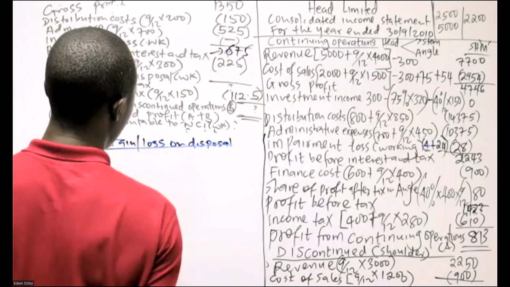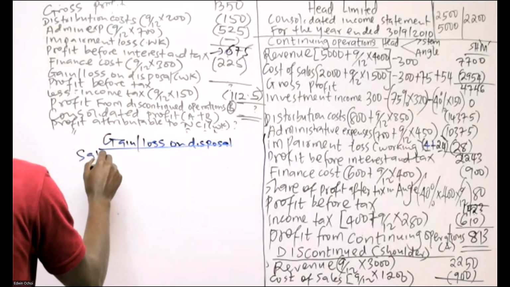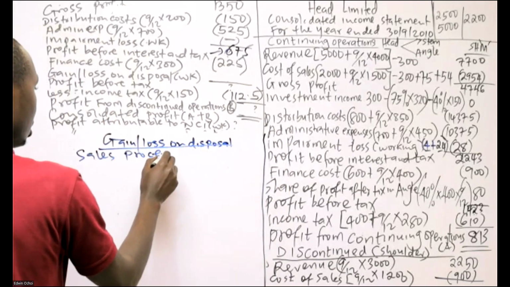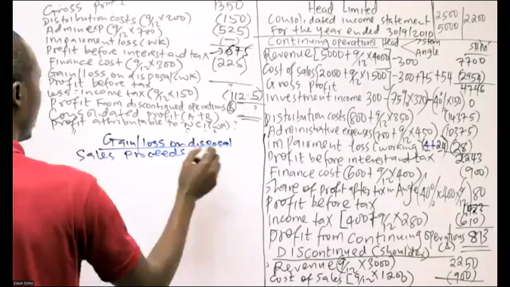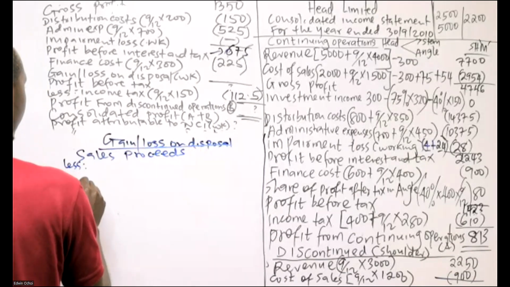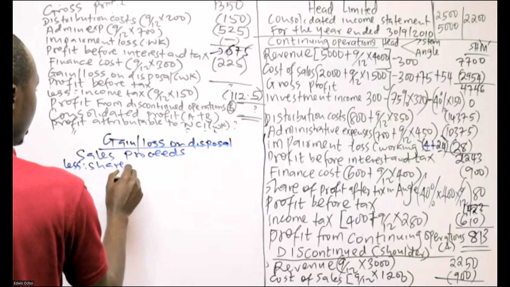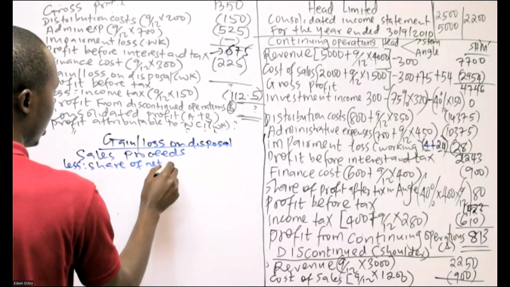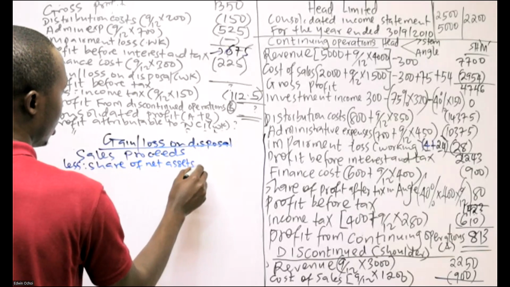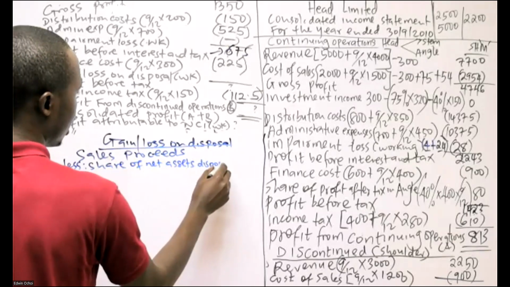So gain or loss on disposal, we say sales proceeds. So we raise what? Share of net assets disposed.